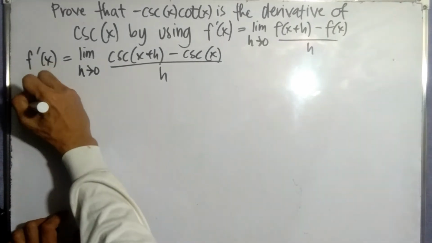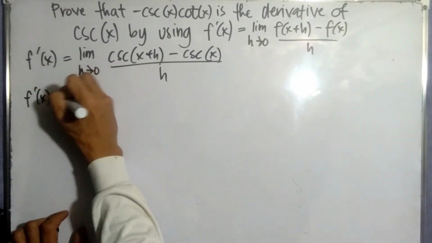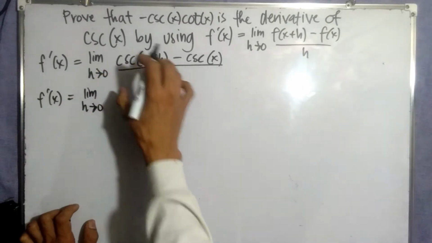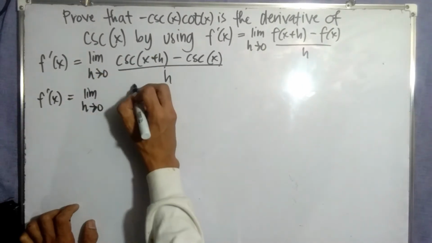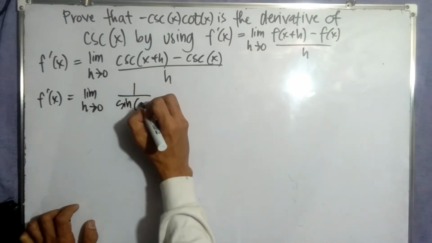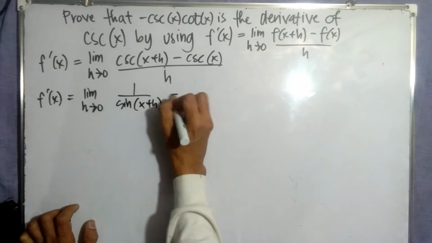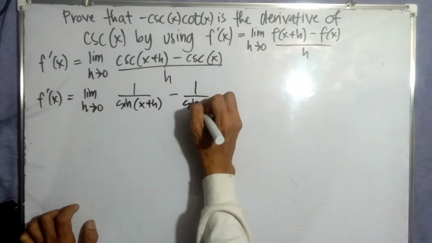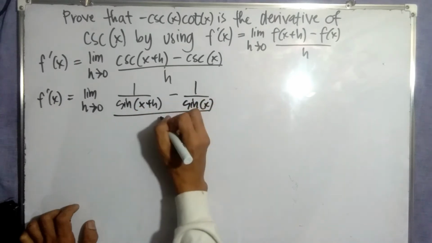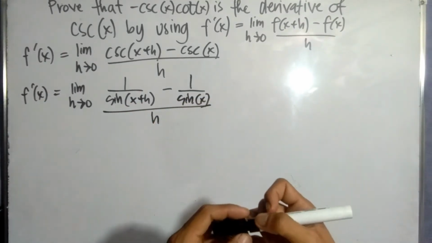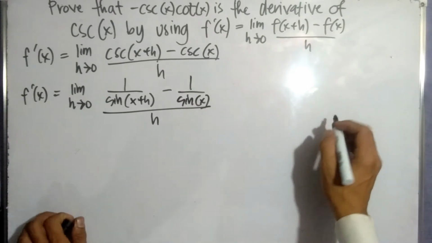Okay? So, f prime of x is equal to the limit as h approaches 0. So, cosecant x plus h is the reciprocal of sine x plus h minus ganun din 1 over sine x all over h. So, sabi ko kanina, sum of two angles ng sine function ang gagamitin natin.